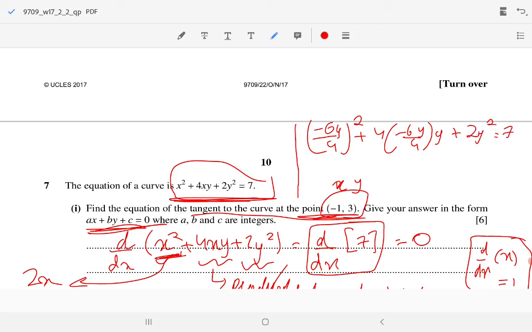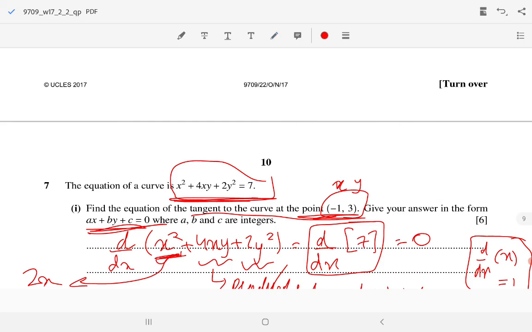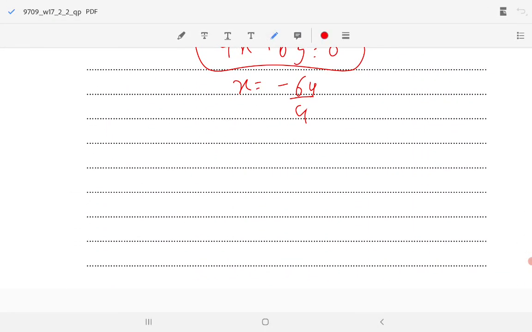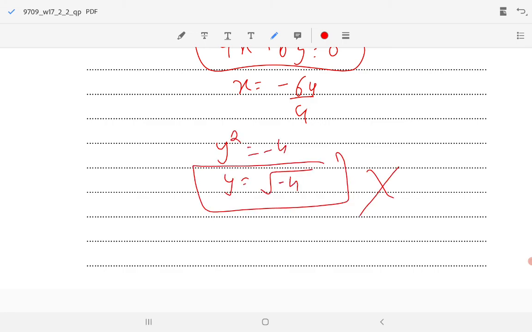If you simplify, you'll get negative 7 by 4 y squared is equal to 7, and then y squared is equal to negative 4. Do you think this is possible? Y is the square root of negative 4. This is not possible.